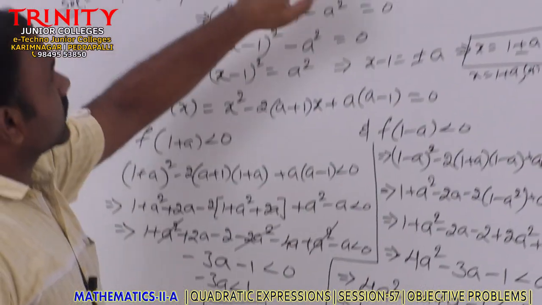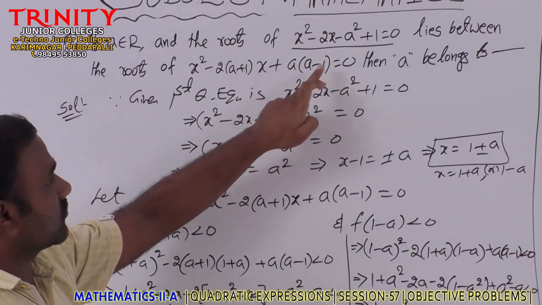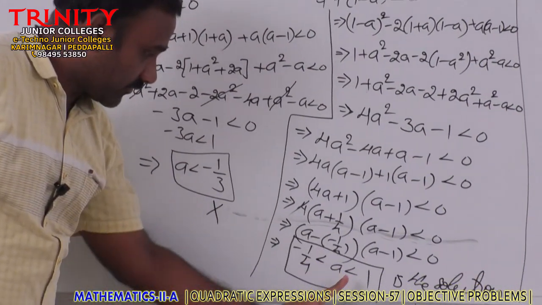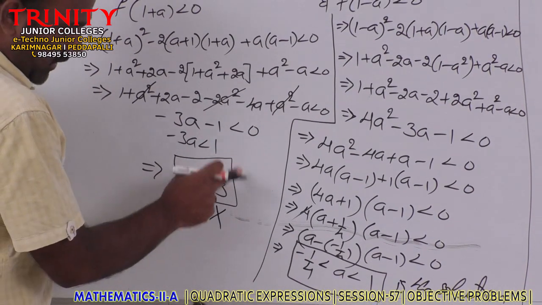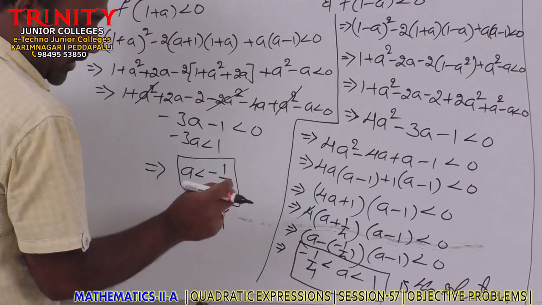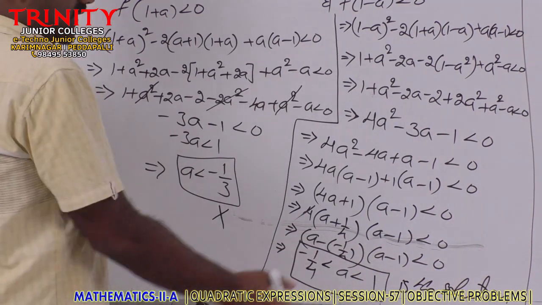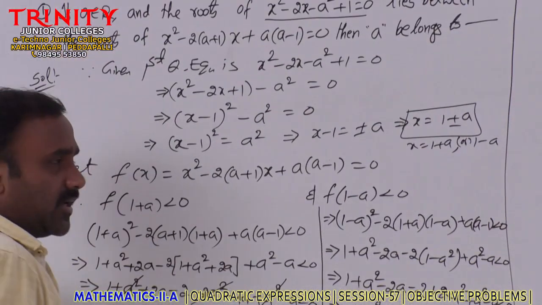The roots of this one lie between, so a belongs to minus 1 by 4 comma 1. a is not less than minus 1 by 3. Why? Because here we will get minus 1 by 3. That's why the common part is minus 1 by 4 less than a less than 1. That is the reason it is the solution for this quadratic equation.